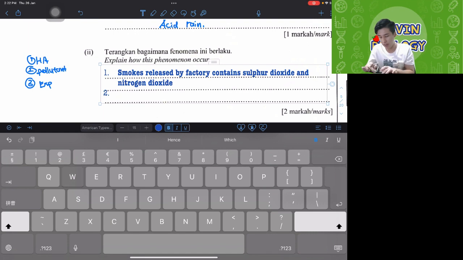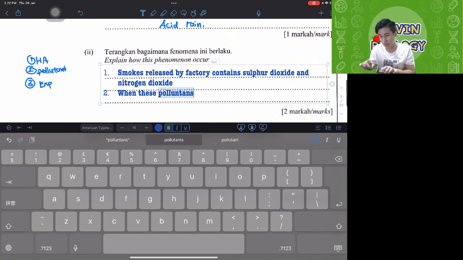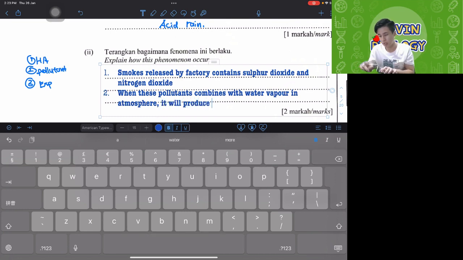And as you can see, when these gases or pollutants combine with water vapor in atmosphere, it will produce nitric acid and sulfuric acid.